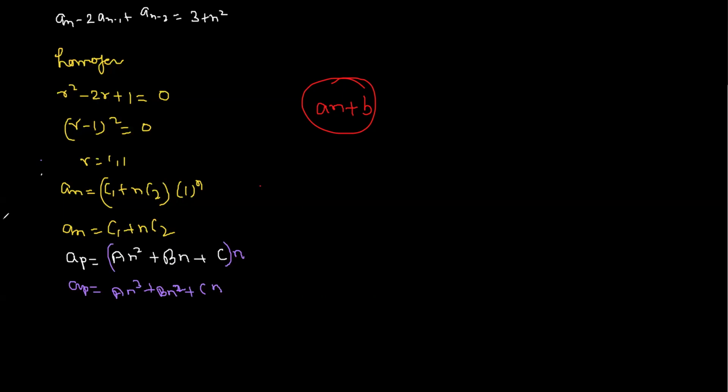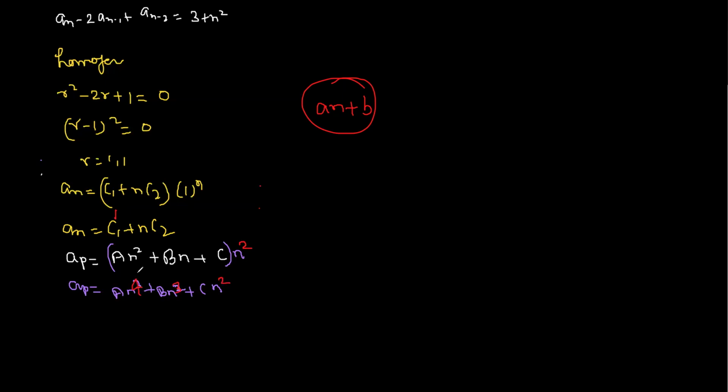So right hand side contains what? 3 plus n square, which is a polynomial of degree 2. Right? But one important thing is what? Here one constant and one nC2. That's why you have to multiply with what? N square.